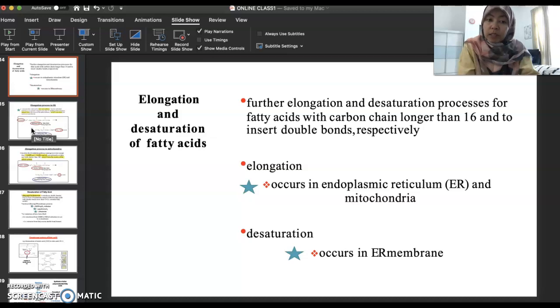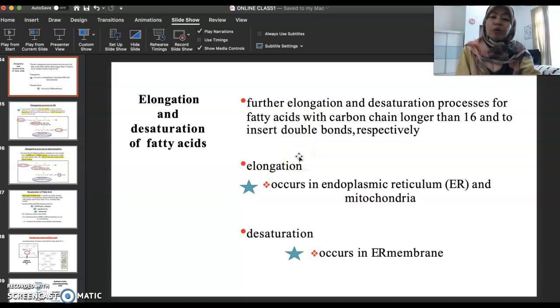The desaturation process usually involves the insertion or introduction of a double bond in the structure of a fatty acid. So elongation is the process of lengthening a fatty acid by adding two carbons, whereas desaturation involves introducing a double bond in the structure.